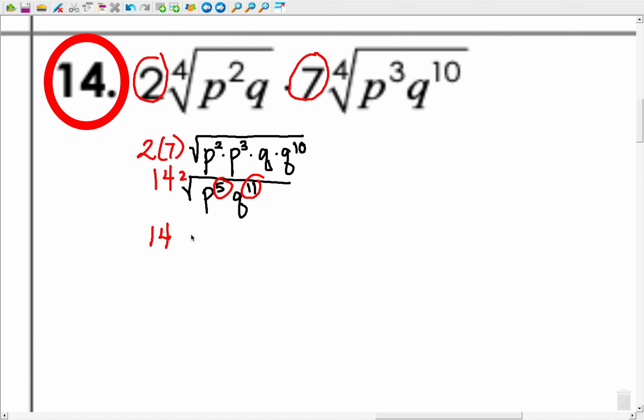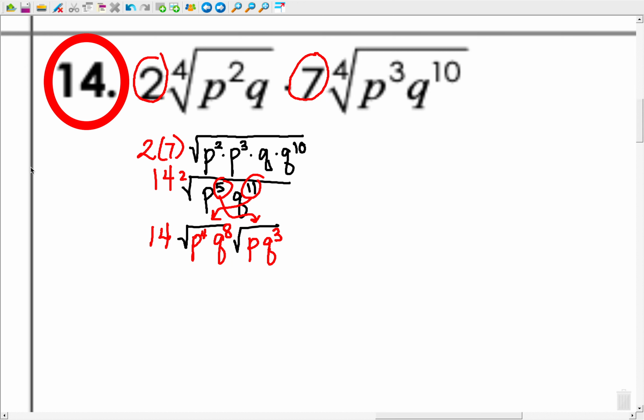And you know that we don't have multiples of 2, but we're going to get them. Because I can extract from this first one here p to the 4th. When I do that, there's 1 left over that goes here. From here, I can extract q to the 8th. And what's left is going to be q to the 3rd.